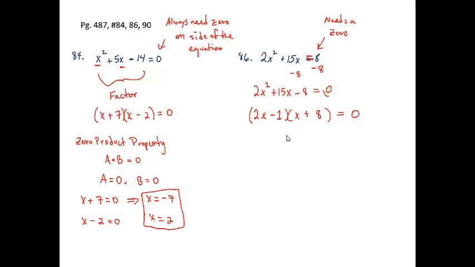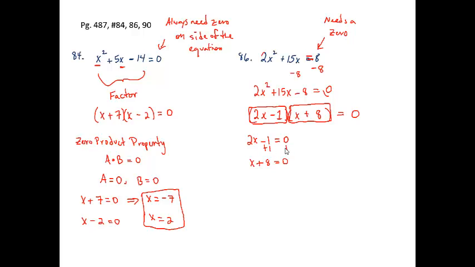At this point, if you need to, pause the video, do your steps, and make sure you came up with this piece right here. Now once you do that, again, you're going to use the zero product property. So you're going to set the first parentheses equal to 0, as well as the second. Let me say that one more time. You're going to set the first group equal to 0. Then you're going to set the second group equal to 0 and solve. So how do you solve this?